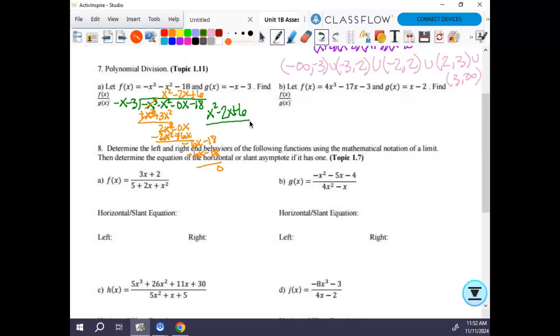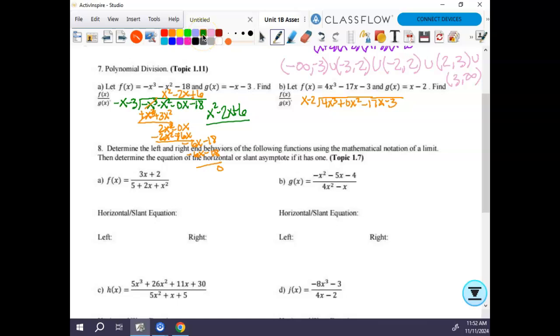All right, here I'm going to try and write smaller. I'm going to divide x minus 2 into 4x cubed. I have to have a plus 0x squared minus 17x minus 3. And I can't just stop on these like I was for slant asymptotes, because this is just asking me to divide, basically.